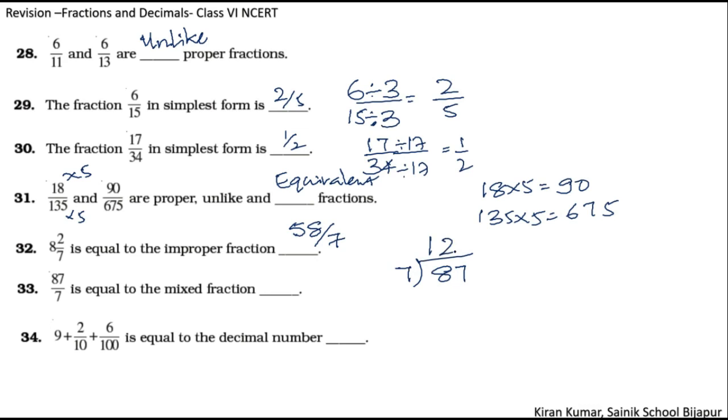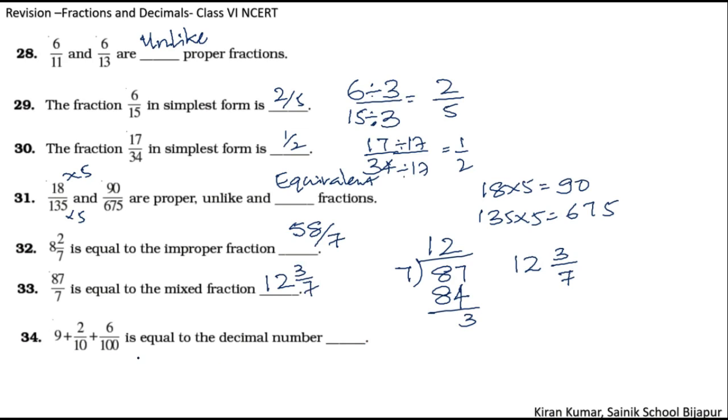So 7 12 times is 84. 3 will remain, so 12 3 by 7. So 12 3 by 7 is the mixed fraction.